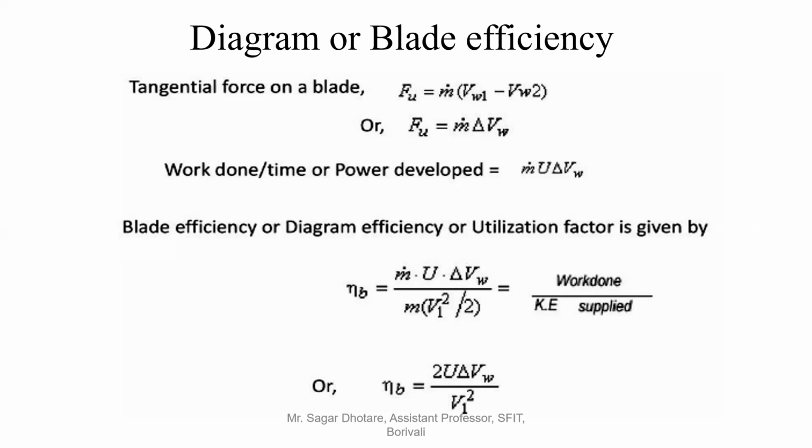So the efficiency of the blade is equal to 2u Vw1 minus Vw2 divided by V1 square. All are requested kindly note down these important formulas before starting the calculation or start solving the problems.